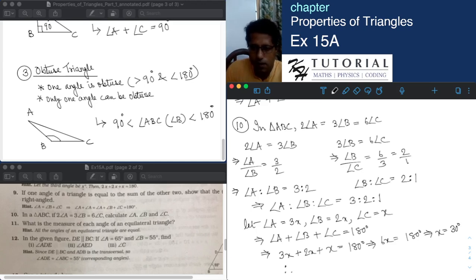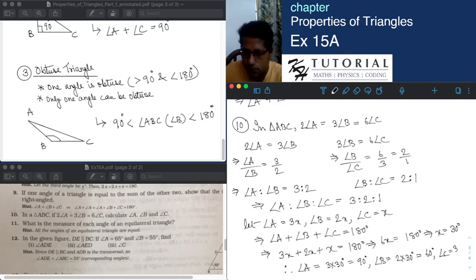Therefore, angle A is 3 into 30, which is 90 degrees. Angle B is 2 into 30, that is 60 degrees. And angle C is x, that is 30 degrees. So 30, 60 and 90 degrees are the angles.